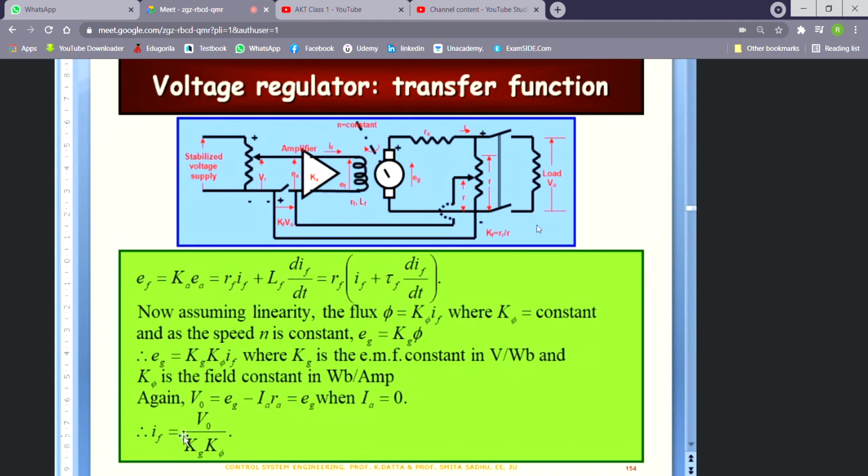So now, taking the relation from here, we had IF RF is equal to EF. So basically IF is equal to EF by RF.